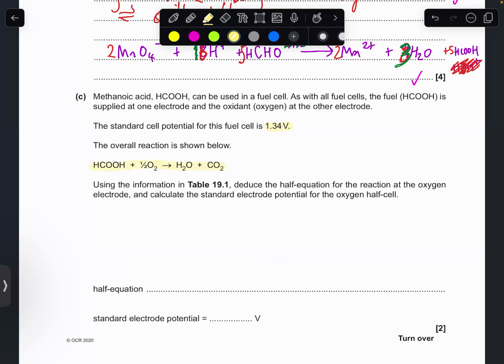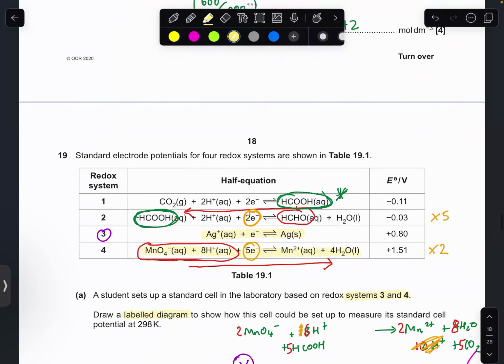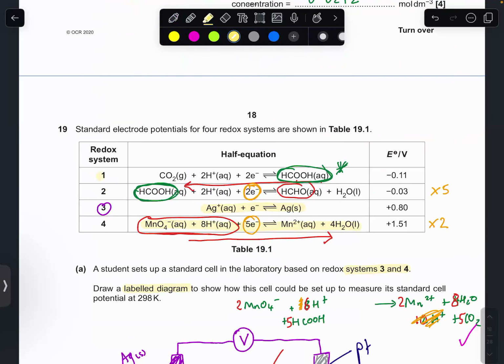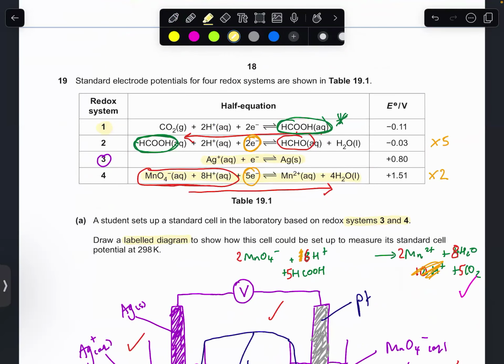Using the information in table 19.1, deduce the half equation for the reaction at the oxygen electrode and calculate the standard electrode potential for the oxygen half cell. So in 19.1, we're going to use the first redox system, and that's going to be flipped to the other side.